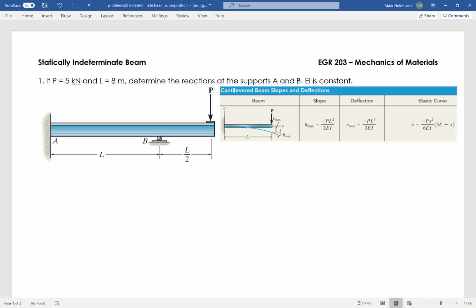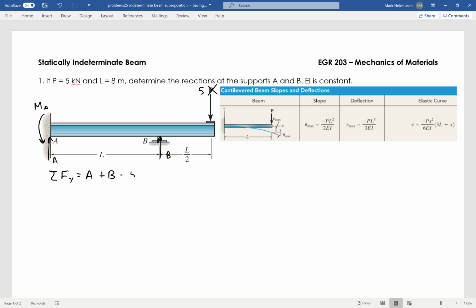Okay, so for this problem, I want to find the reactions at supports A and B. So I'm going to start by doing statics on it. I'll have A reaction, B reaction, and then a moment here at A. When I sum the forces in the y direction, I get A plus B minus P, which is 5 kilonewtons.